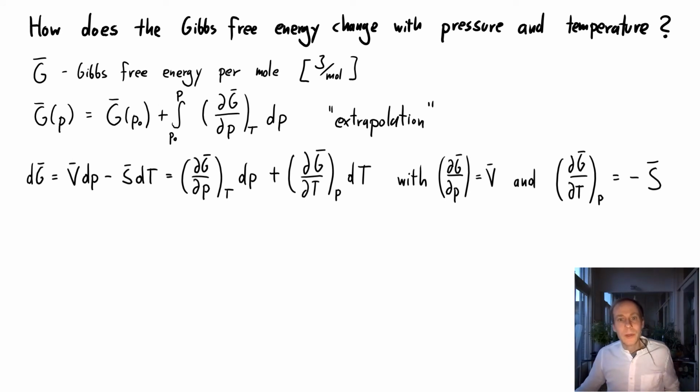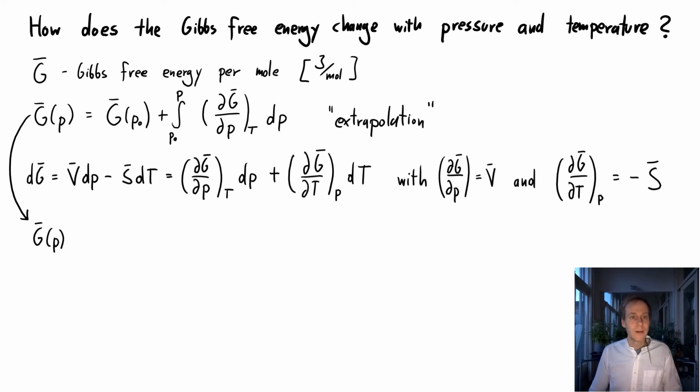So here we basically have now what we needed, which was an expression for how the partial derivative of the Gibbs free energy with respect to the pressure is obtained from this analysis. And it corresponds to the molar volume, the volume per mole.